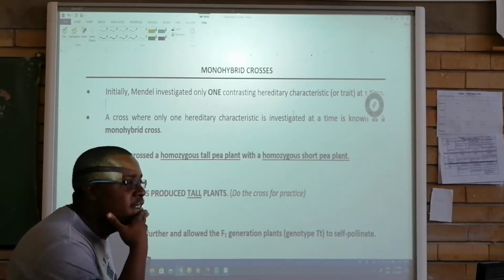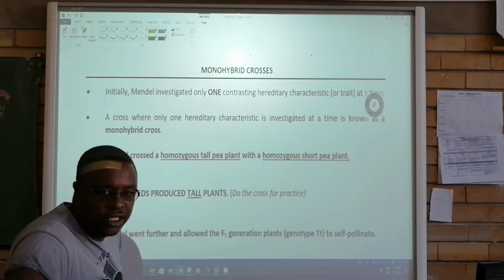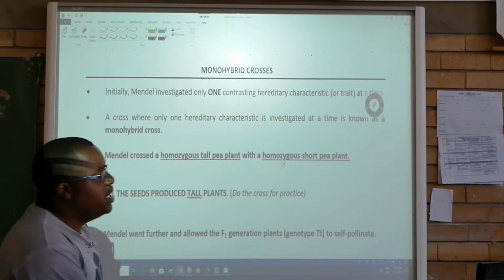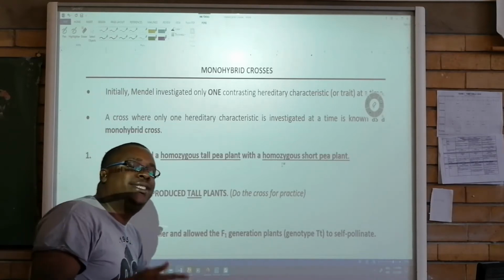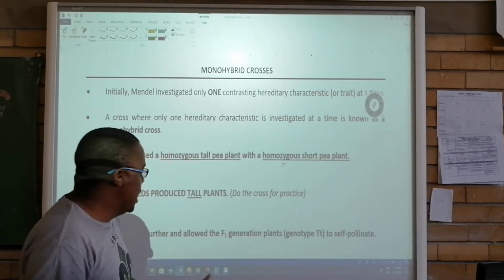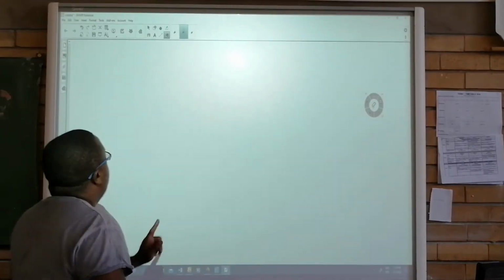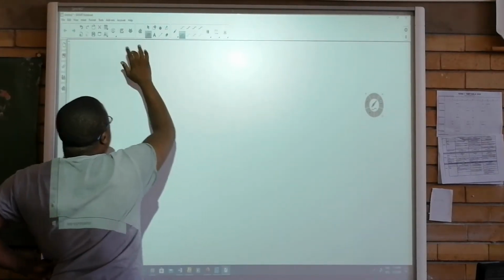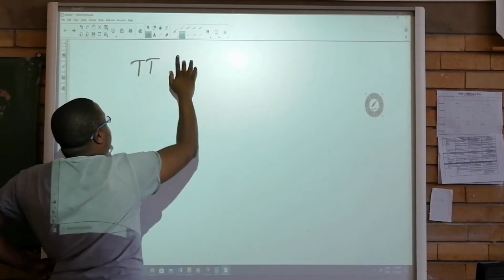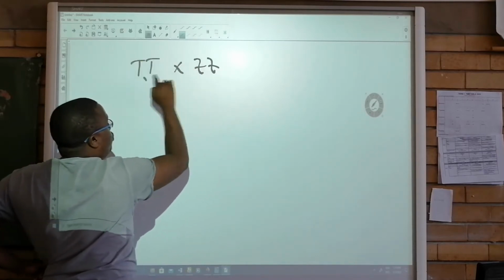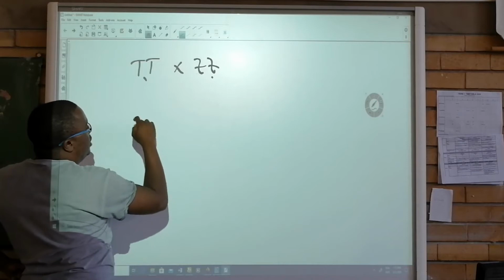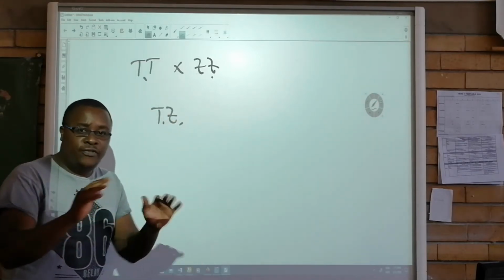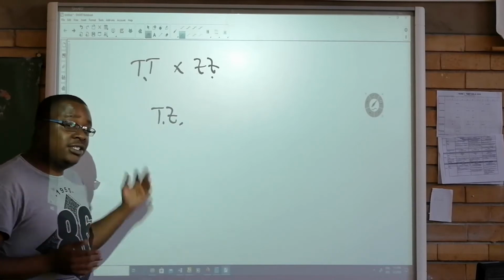And after he did that, he had his F1 generation from these two. And then the F1 generation, he allowed it what? To self-pollinate. Now, when he crossed homozygous tall and homozygous short, he got all the offspring together. So all the offspring, the phenotype was tall, and the genotype was heterozygous.